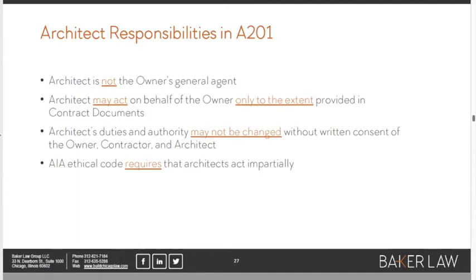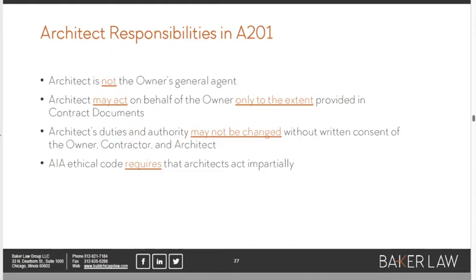The architect is not a general agent of the owner. The architect is not able to go and willy-nilly bind the owner to whatever it is the architect thinks is right. The architect is only empowered to act on behalf of the owner to the extent the general conditions so empower the architect. Okay.